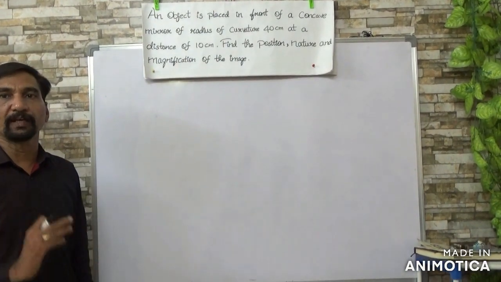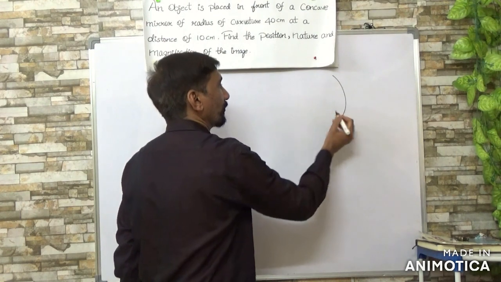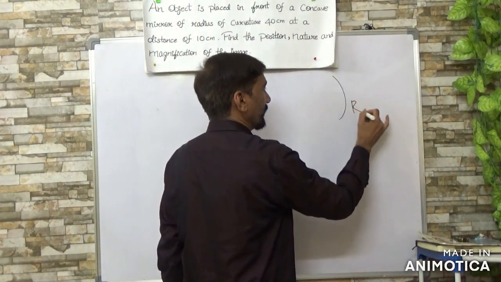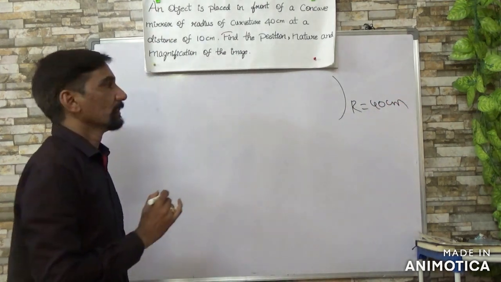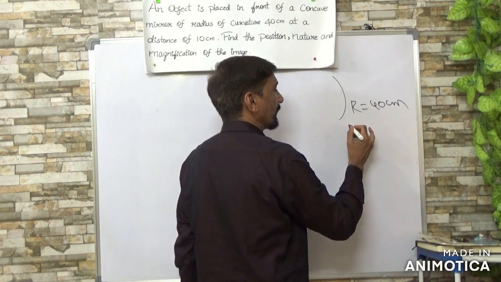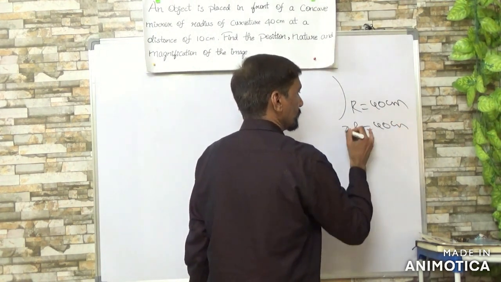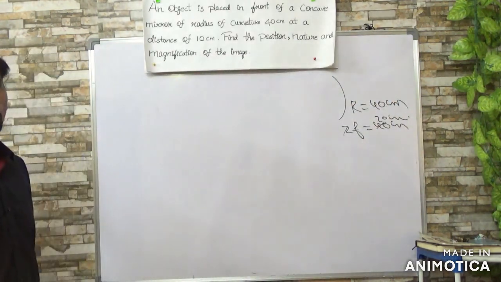Now, the next problem. There is one concave mirror. Its radius of curvature is given as 40 centimeters. If the radius of curvature is 40, it is double the focal length, so 20 centimeters is its focal length.